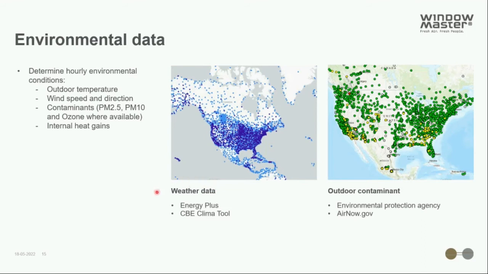Now, the weather data, as you might know, we can gain from different databases, such as the EnergyPlus database, which has weather files from all over the world you can download. But once again, we also have another tool from the Center for the Built Environment at UC Berkeley, where the awesome people have added another tool to the box that we can use, which is the CBE Climate Tool.